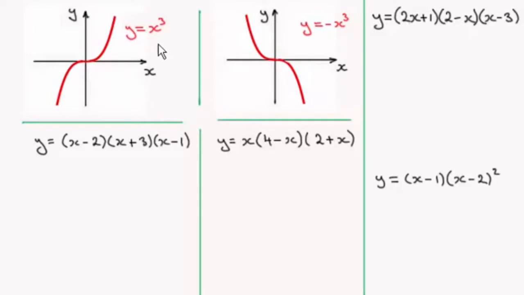If you look at the graph of y equals x cubed, or in fact 2x cubed, 3x cubed and so on, any positive x cubed, one feature that always is the case is that if you go to the furthest point on the left, as we start to move from left to right, the curve increases. It comes in going upwards.